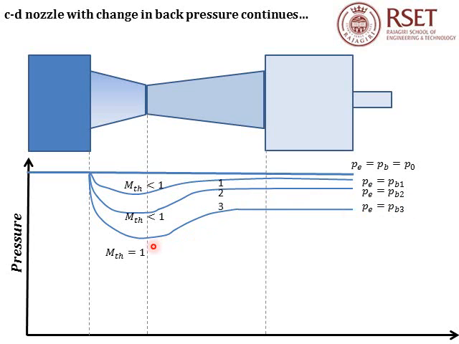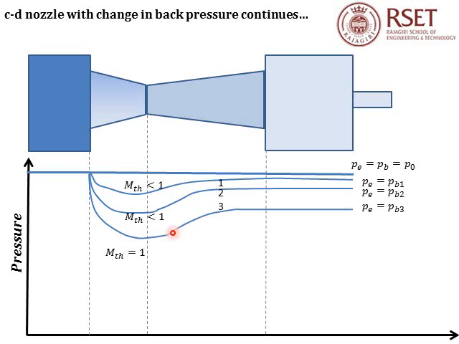Now, when the fluid is at Mach number equal to 1 at the throat, it is having a value P star. The P star value is less than that of the value of PB3. If this difference is very high, then the adverse pressure gradient against which the fluid has to flow is very high.